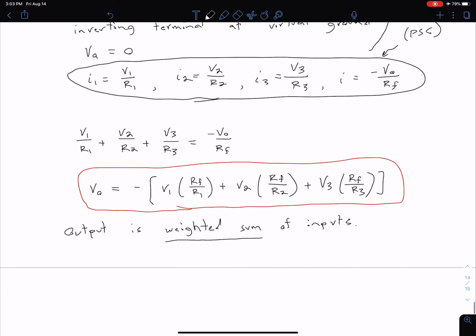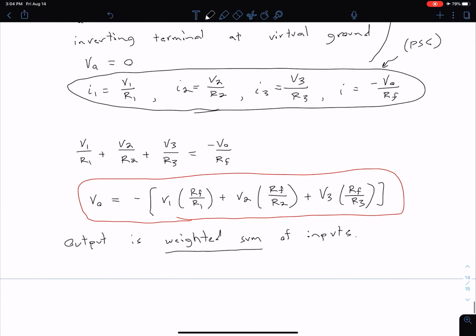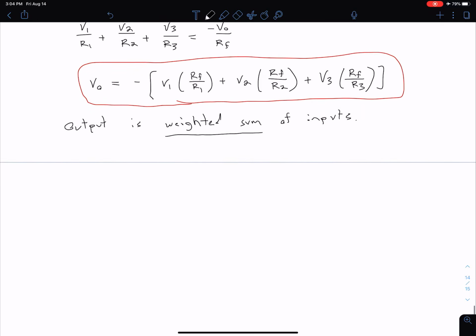So let's say maybe for this circuit we only had two inputs, V1 and V2, or maybe we had 5 inputs. So how would our equation change? Well, if we want, we can go ahead and just look at the form of this equation boxed in red and generalize that. So that way we can deal with it if we have even more inputs or fewer inputs.